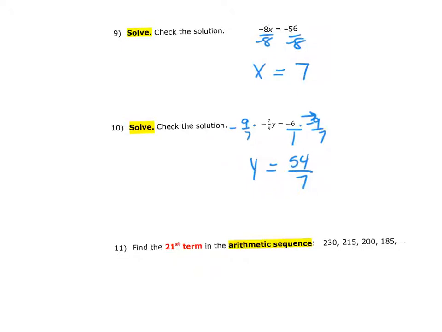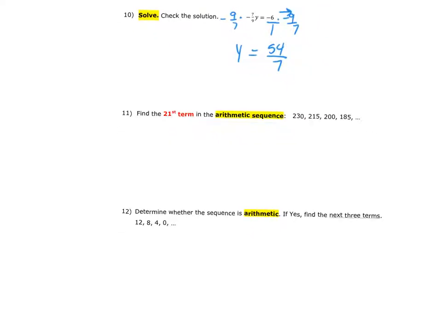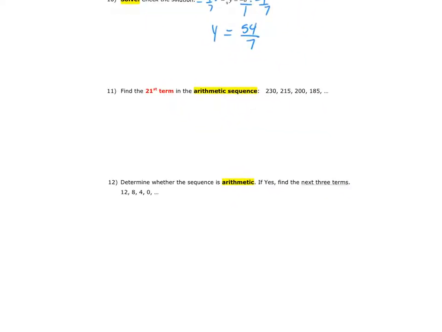Number 11 was one of those things that I hope you understand what it means. You are going to be given the formula, and you're going to need to identify that that's the one you use. An arithmetic sequence, if you recall, is a sequence of numbers that have a common difference. And so you're doing the same thing to the next ones, and it all depends on who the first number is.